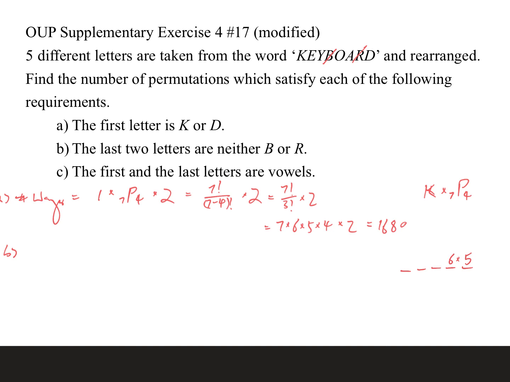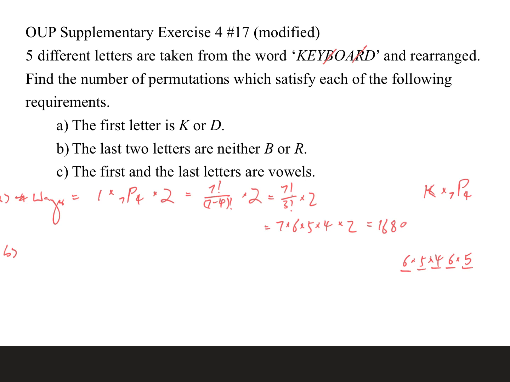We have only 5 choices for the last letter. Then for the first 3 letters, since they can be B or R, we can bring them back in. But we have used up 2 alphabets already, so we have 6 choices here. Similar for the rest.